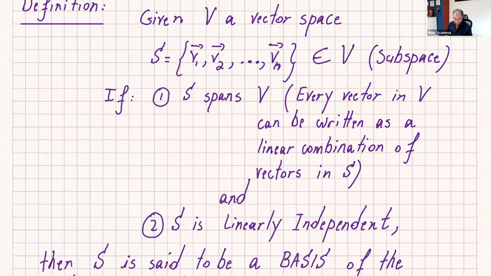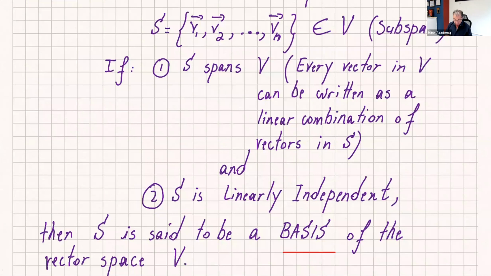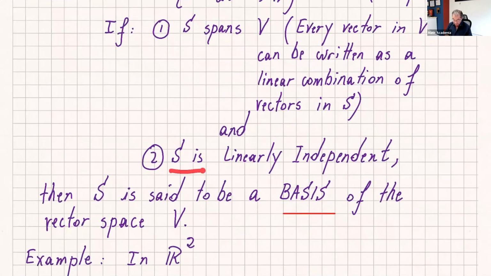Number one, S spans V, that means every vector in V can be written as a linear combination of vectors in S. And please watch my last video, where I go over linear combinations. Condition number two, S is linearly independent. If these two conditions are satisfied, then S is said to be a basis of the vector space V.